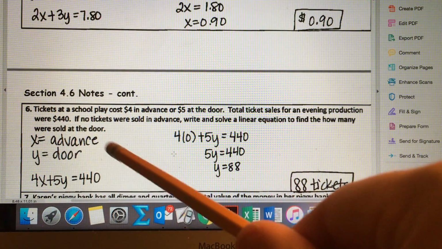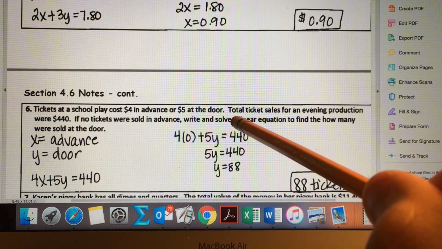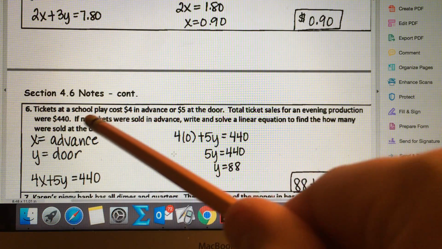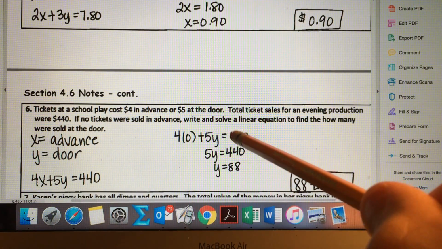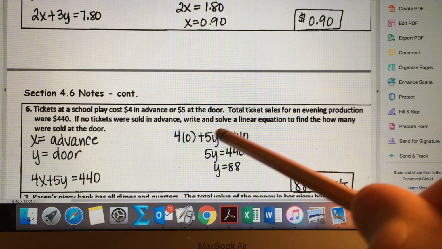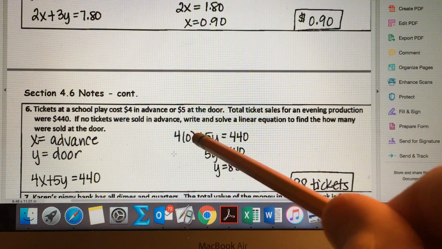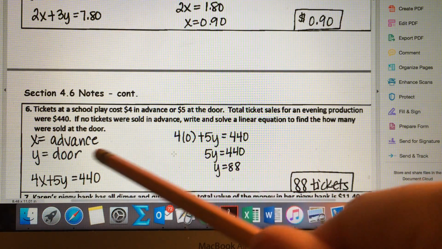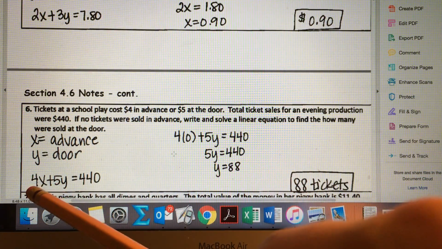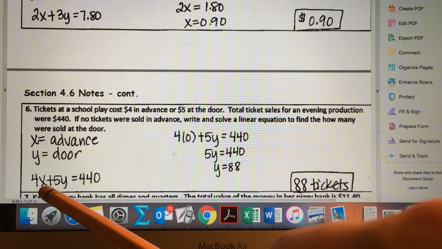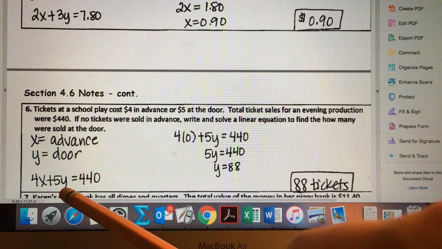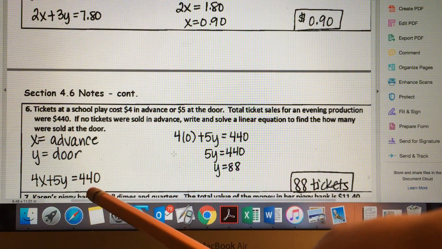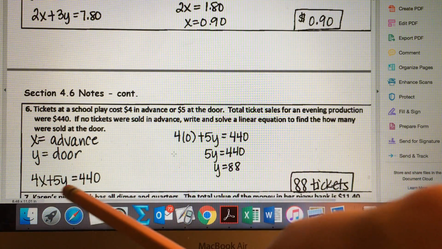It also said the total ticket sales for the evening production were $440. So the total is what you would get if you multiplied the price times how many were sold in advance, so the price, which is $4, times how many were sold in advance, plus the price of the tickets at the door times how many were sold at the door, equals 440. So that is your model.